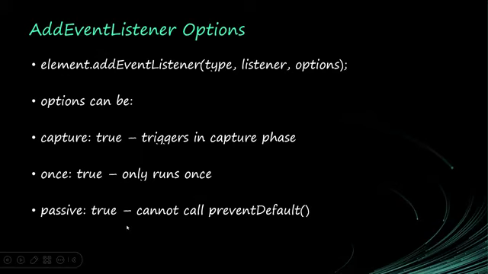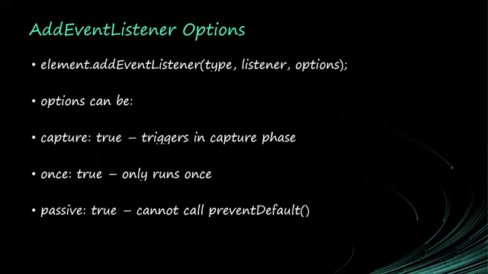When you say passive is true, that means it cannot call prevent default. Don't worry, we'll talk about prevent default later on. Prevent default means that we call prevent default on the event object to prevent the browser default. Let's say you want to submit a form. The default behavior of that form is that it will reload the page.